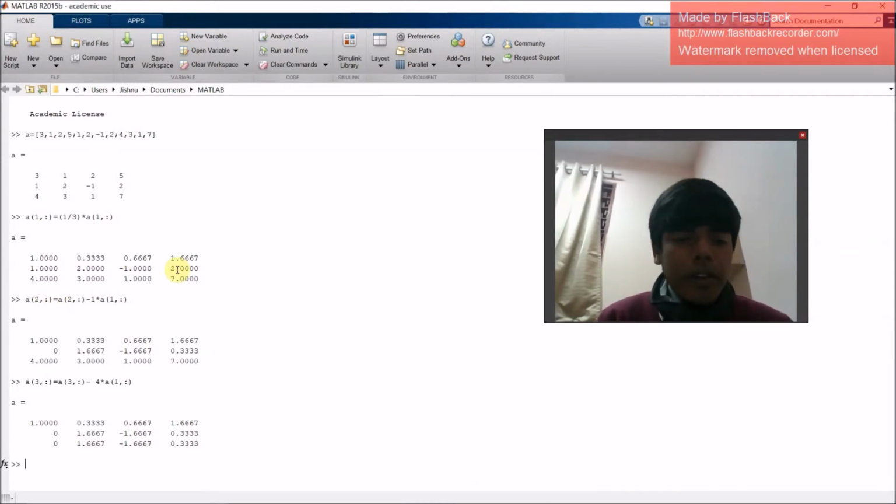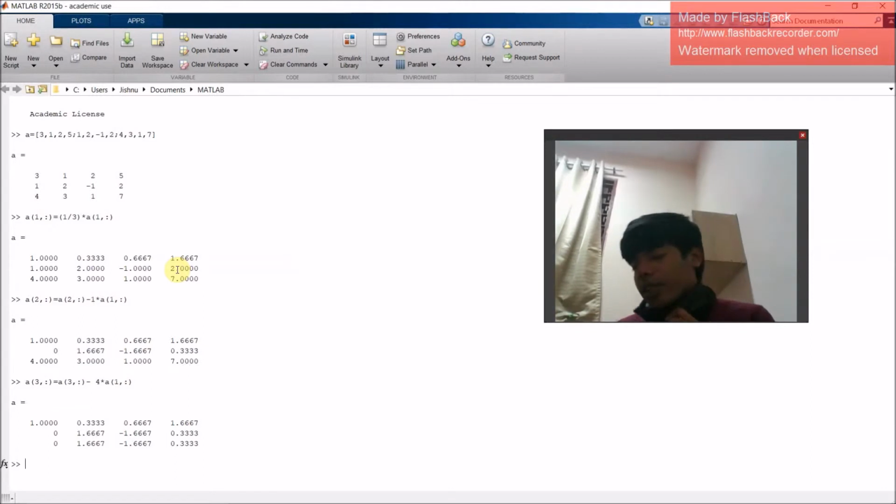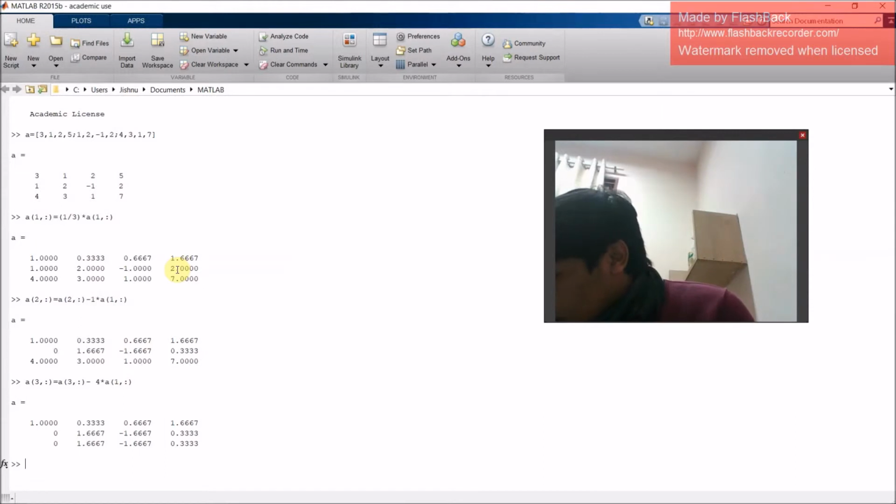Now we've got to turn the first non-zero element of the second row into 1. It's 1.667. So let's see. What have I done here?